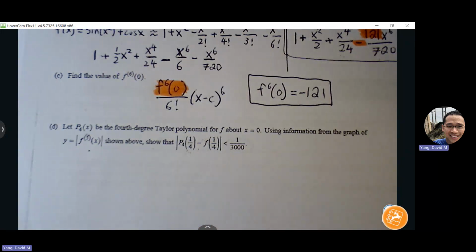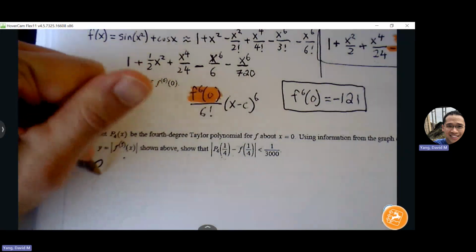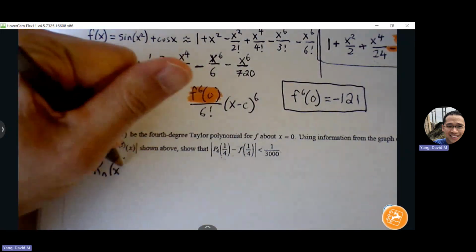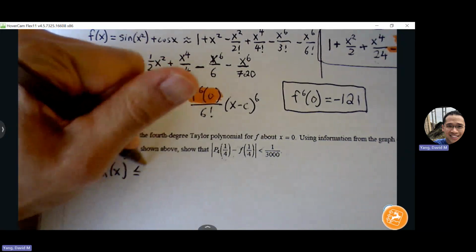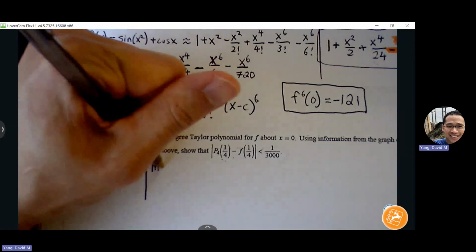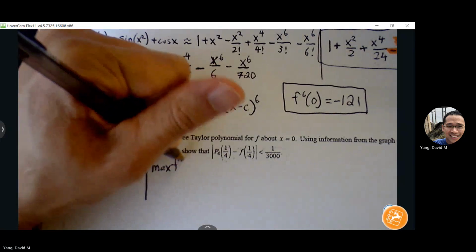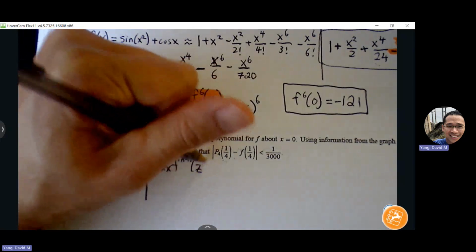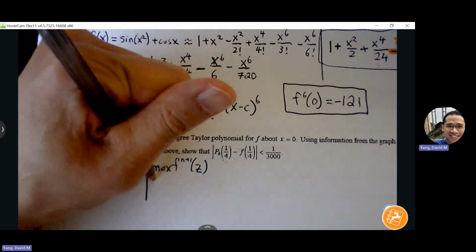Okay, so let's set up using Lagrange error bound, and I'll write the full formula here, and we can adapt to what we were working on yesterday. Now you don't have to do it on the test or exam.